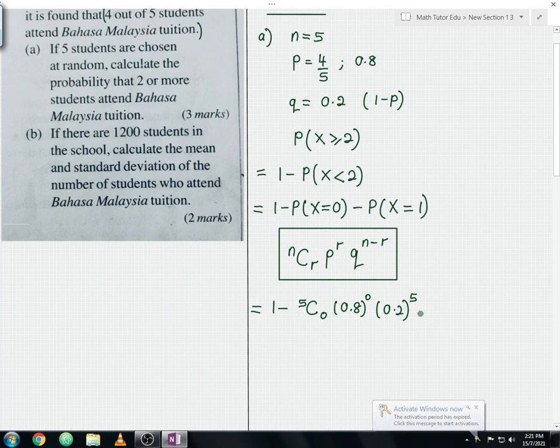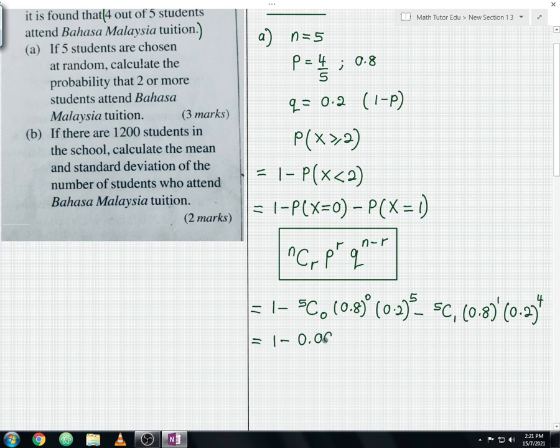So for the next one, we include the calculation where your probability x equals to 1. So minus 5C1, 0.8 to the power of 1, and then 0.2 to the power of 4. Okay, so you calculate these two separately. So from here you get 1 minus 0.00032.